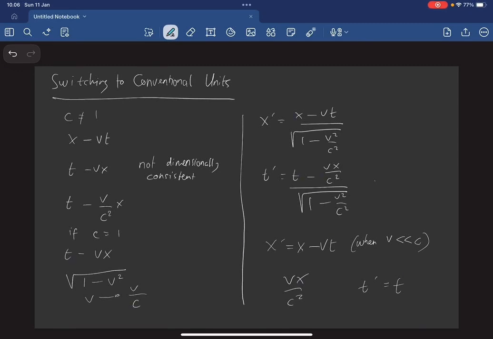In other words, for frames moving slowly relative to each other, the Lorentz transformation boils down to the Newtonian formula. That's a good thing. As long as we move slowly compared to c, we get the old answer, but when the velocity becomes close to the speed of light, the correction becomes large, or huge when v approaches c.